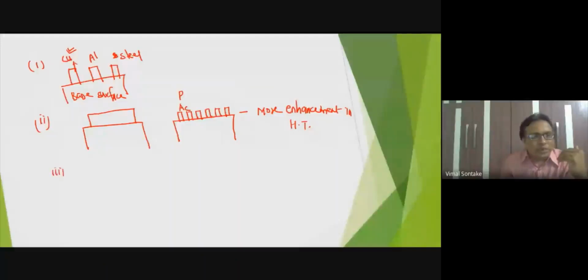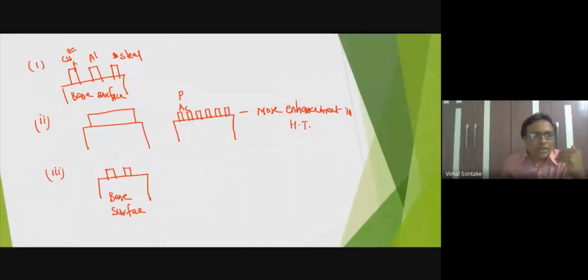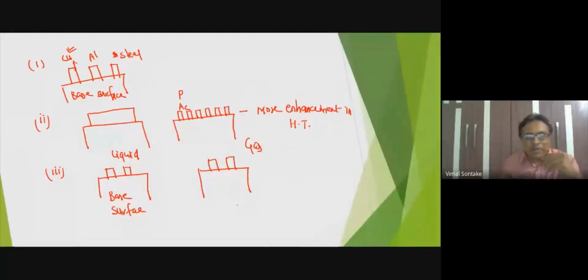And conclusion number 3: let's say I have attached these fins to this base surface. In this case, they are exposed to the liquid. In the second case, the same base surface is there, same fins made up of the same materials are there, but in the second case they are exposed to gases. Now what happens?